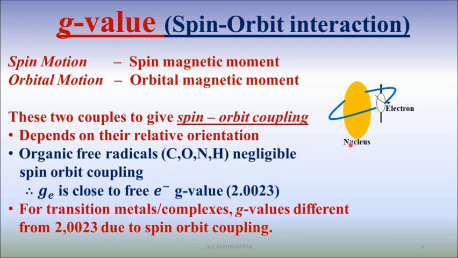For free radicals, this spin orbit coupling interaction is negligible. Therefore, the g value is close to the free electron value 2.0023. However, for transition metal complexes, the g values are very different from the free electron value due to this spin orbit coupling.